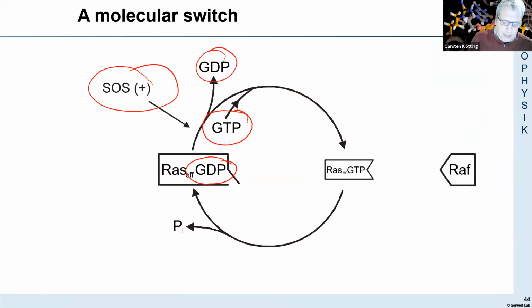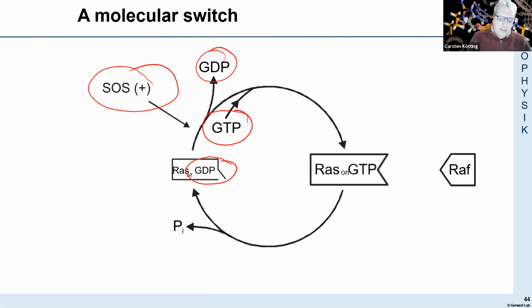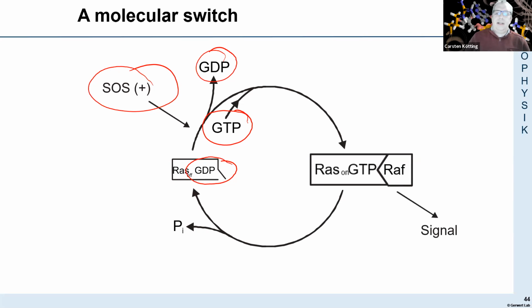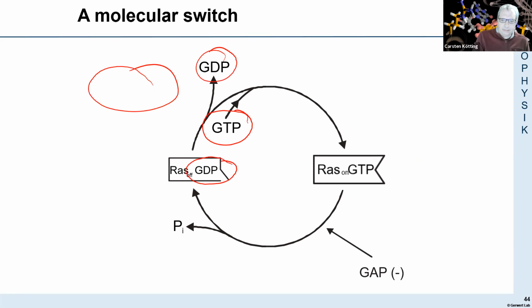And this leads to a conformational change of the protein. This is now the on state, and in the on state, the downstream effectors can interact and transduce the signal further on. And then the important part is, of course, the switch off. This is the hydrolysis now of GTP to GDP, and this is what we want to investigate now within our spectrometer.